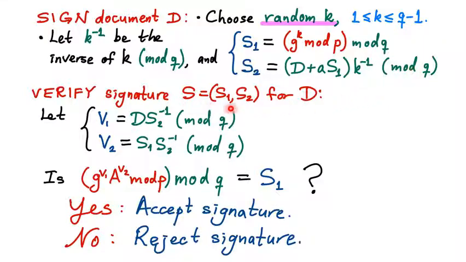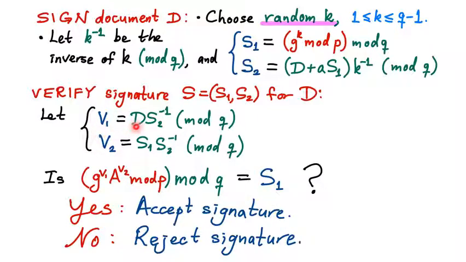Now the verification of a purported or presented signature S1 and S2 for document D is obtained also with two preliminary steps. So there's two partial verification pieces, V1 and V2.